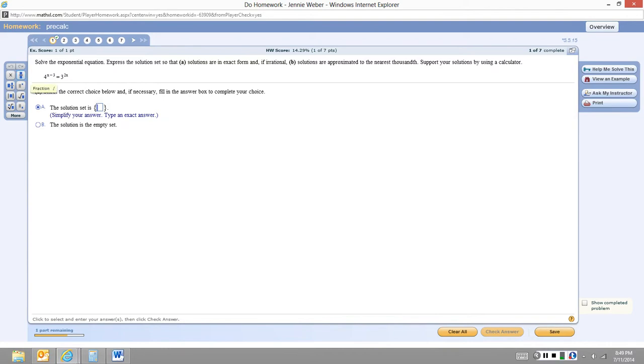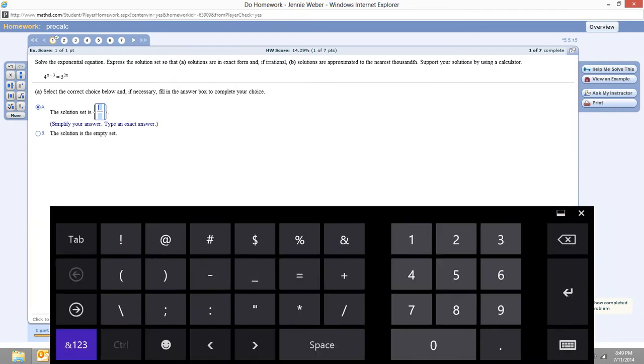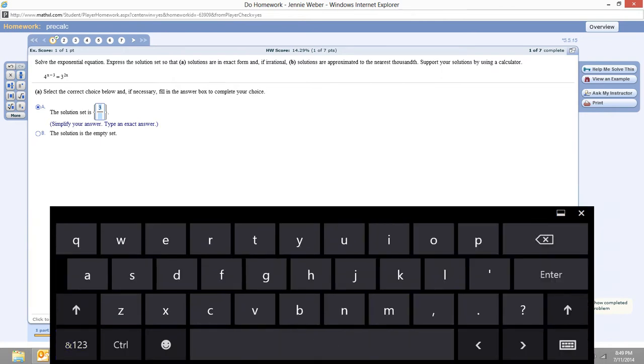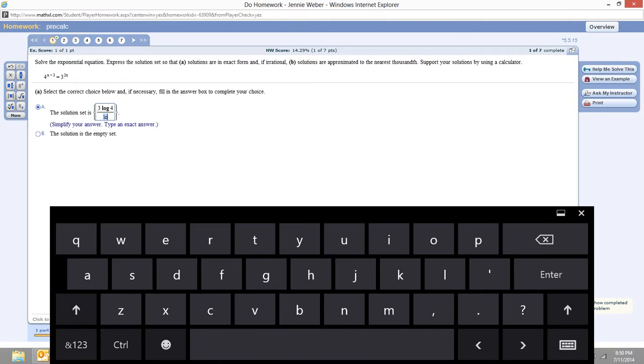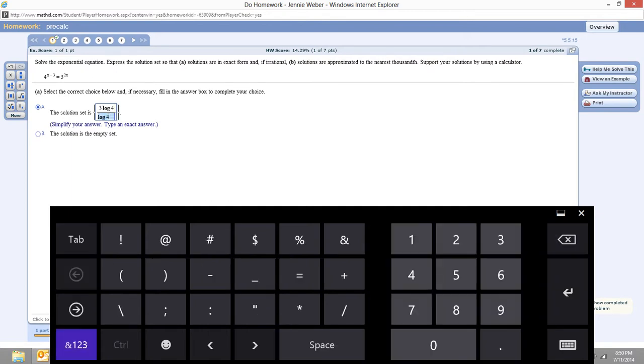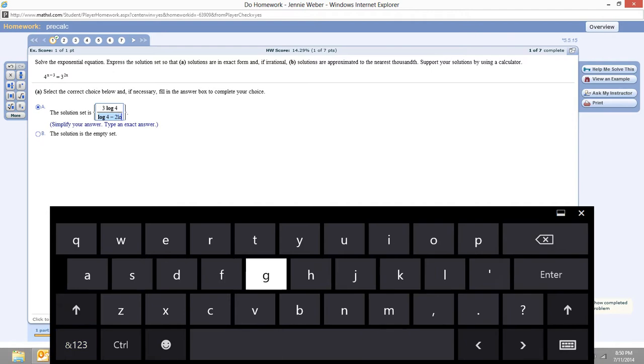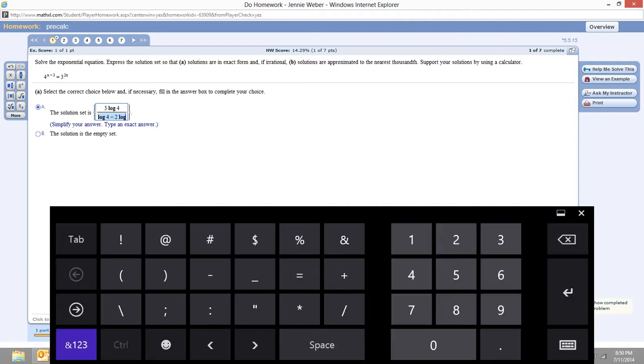And so I have 3 log 4, you can see it just turns into the log 4. And then here in the bottom, log 4 minus 2 log 3.